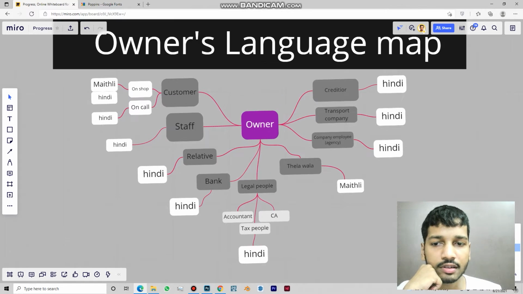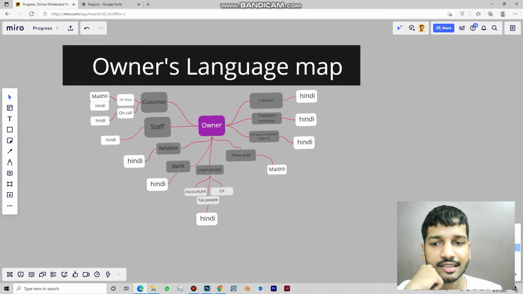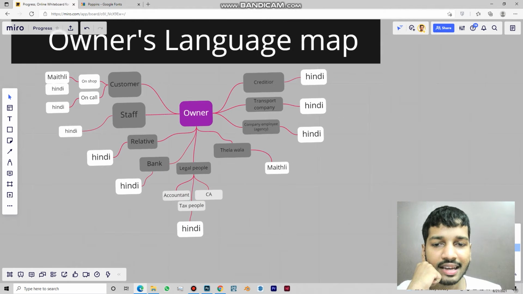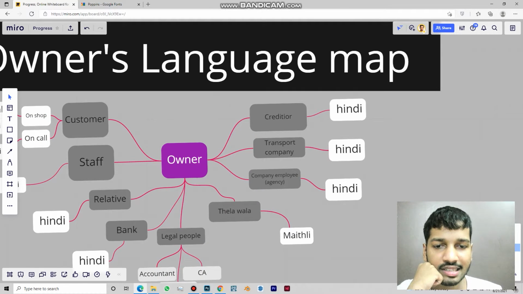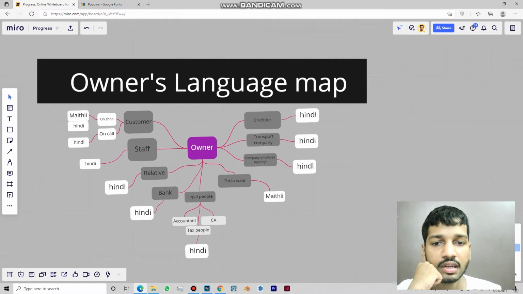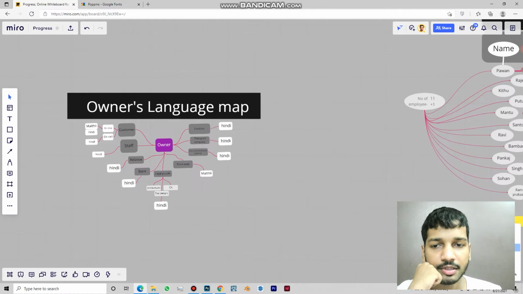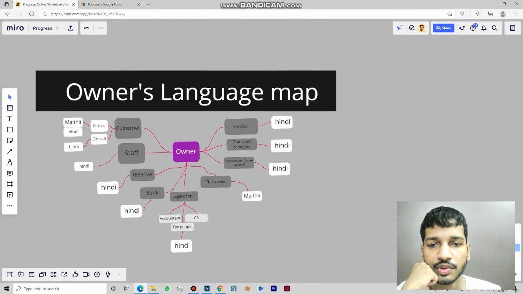On call she talks in Hindi with the staff. She talks in Hindi with relatives and bank people when she goes to the bank, and with the accountant, CA, and tax people. With legal people and the Thela wala she talks in Maithili, and with company employees and staff in Hindi, and with creditors in the transport. So these were the people I observed she talks with.